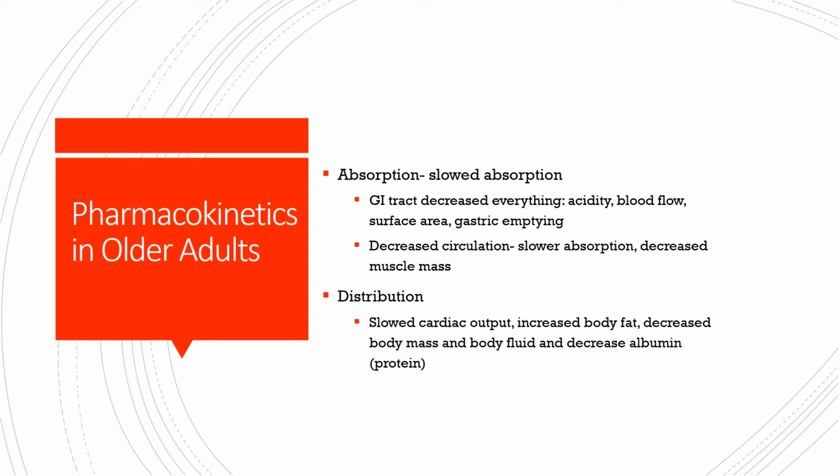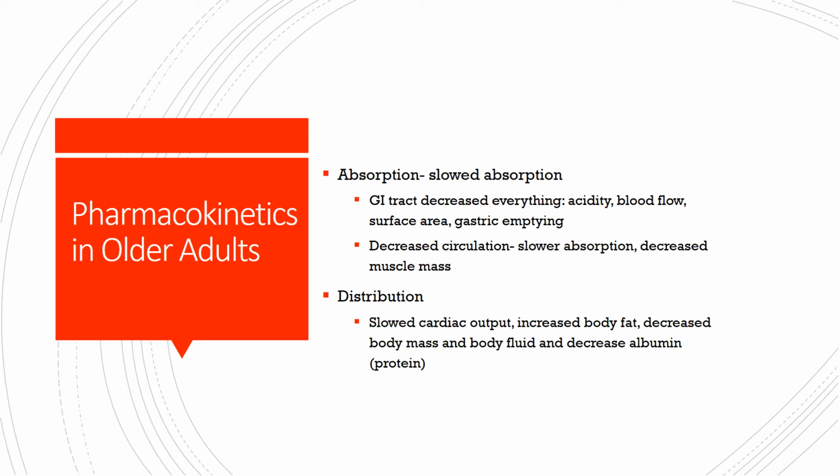When we think about pharmacokinetics with our older adults, we have to think about absorption. It's slowed absorption. We have a decrease in the GI tract, just about everything, though you may have an increase in acidity, depending on the patient.